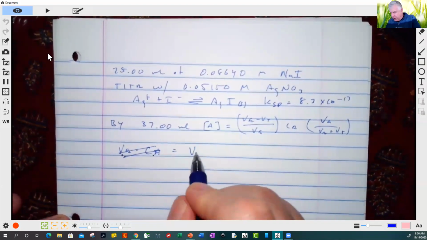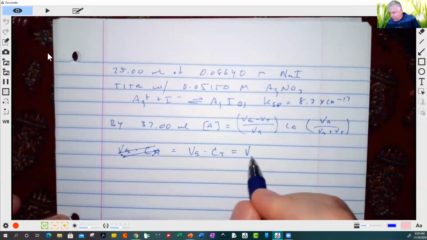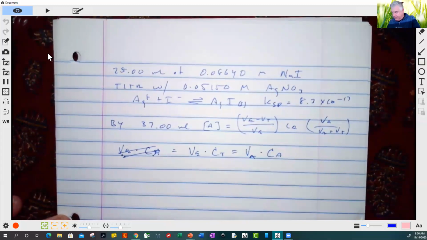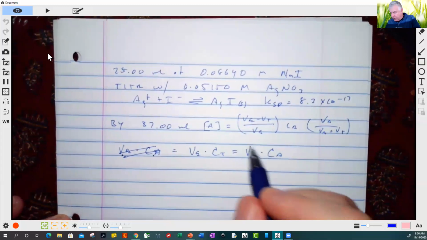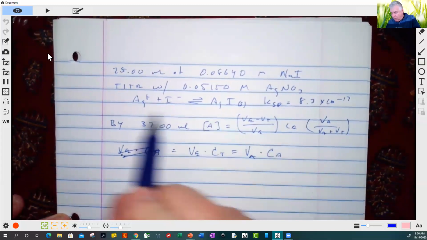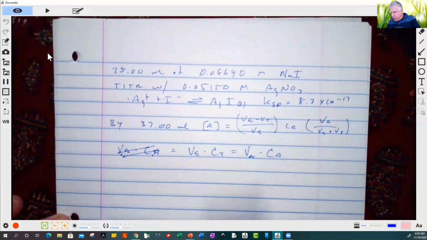So VE times CT is equal to VA times CA. That's the equivalence volume. And there can be a stoichiometric factor there. In this case, it's 1 to 1 to 1. So there's no stoichiometric factor there.